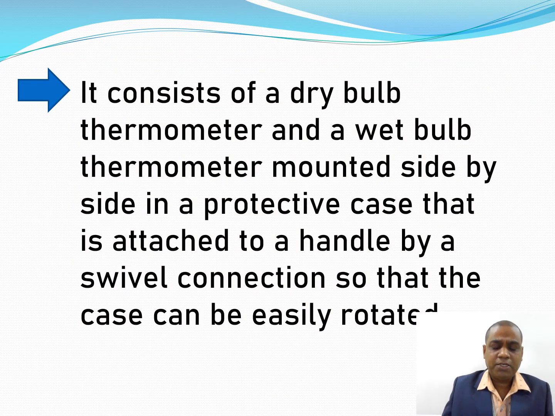So as per our discussion, both thermometers, the dry bulb thermometer and the wet bulb thermometer, are attached side by side and arranged in a protective case, and this will be operated by a handle so that the handle can swivel and rotate easily to operate both thermometers.